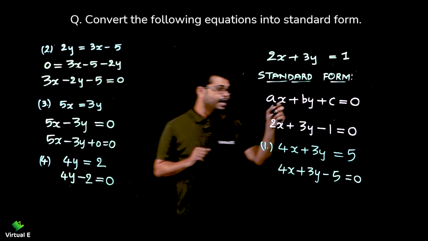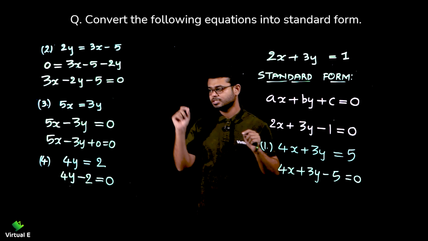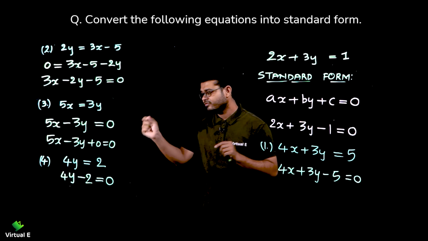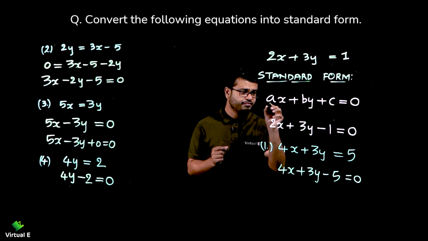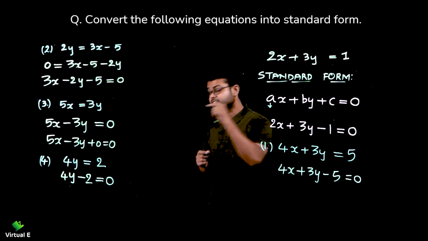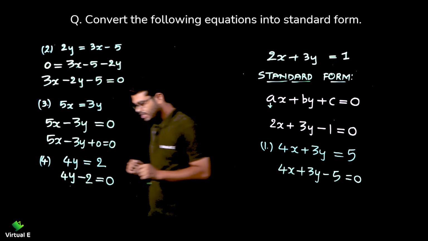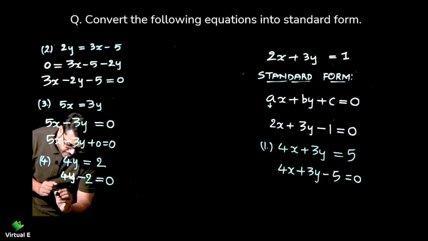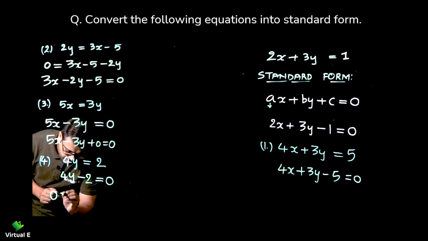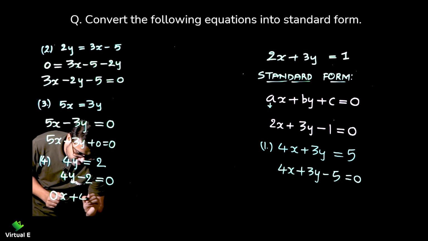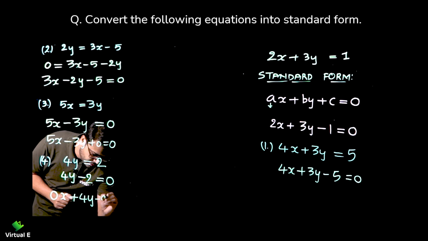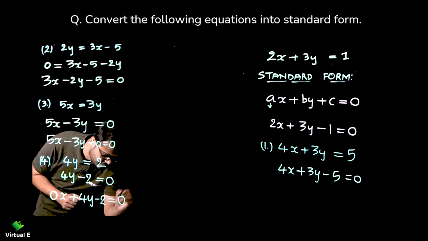Now we don't have x over here, so what we understand from this is that the coefficient of x is 0 in this case. See how we are supposed to write. So here we can write 0x plus 4y minus 2 is equal to 0.